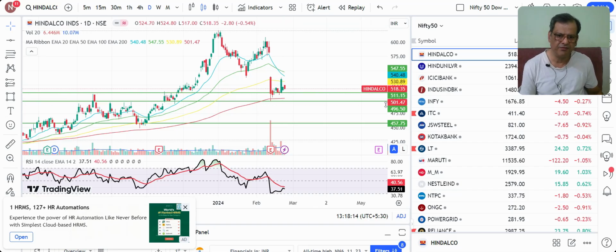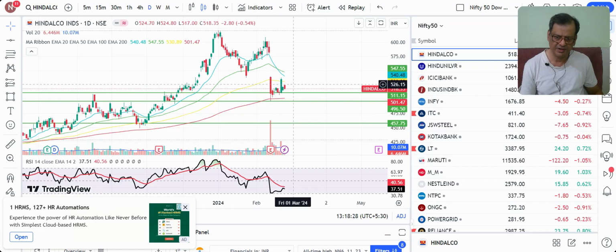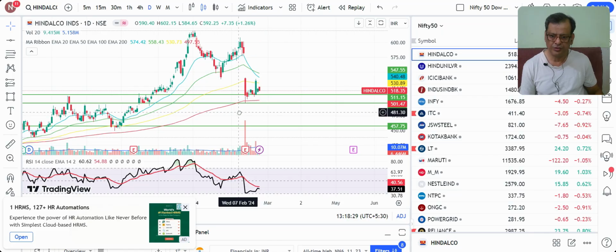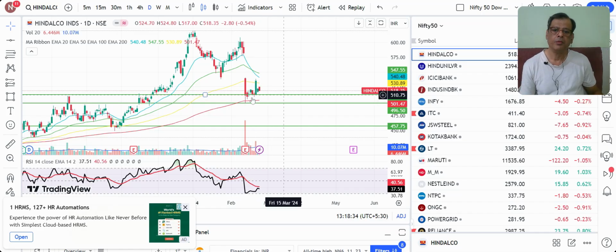The area is between 501.45 to 51, almost 17 rupees worth of area where you can have spikes. So prices can come and almost hit here. We have taken the lowest wick here out of these many candles. So this basically is a support.